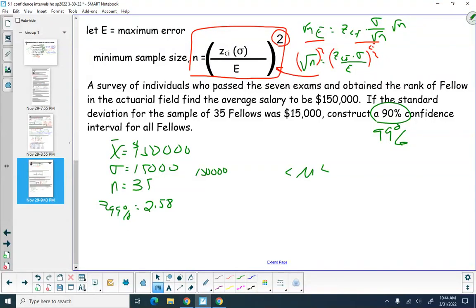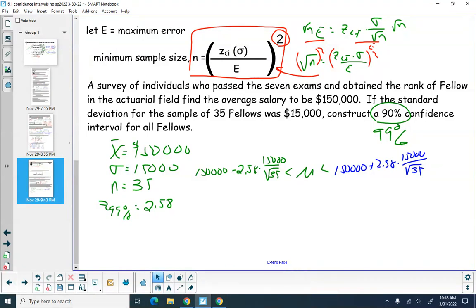We have $150,000 minus our Z value times the standard deviation of 15,000 divided by the square root of 35. Then we do the exact same thing with the plus on the other side, and we come up with our two values.